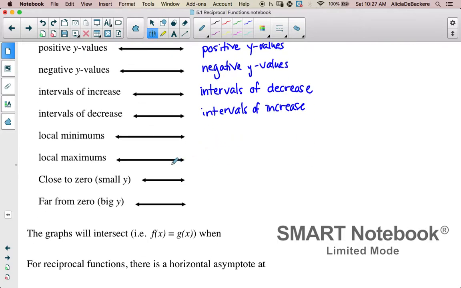What we saw with our local minimum on our last example was that it became a local maximum. It wasn't the maximum on the entire reciprocal graph, but locally it was in the immediate vicinity. Vice versa, if you started with a local maximum, we didn't take a look at an example of this yet, but it would turn into a local minimum.